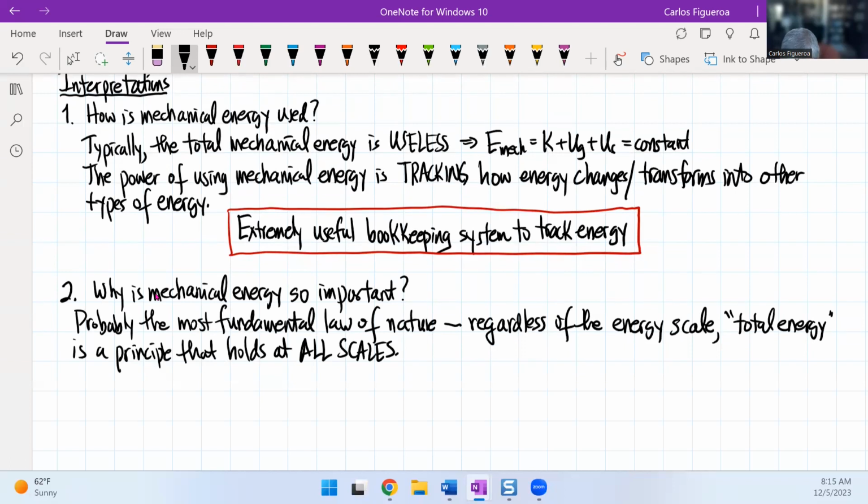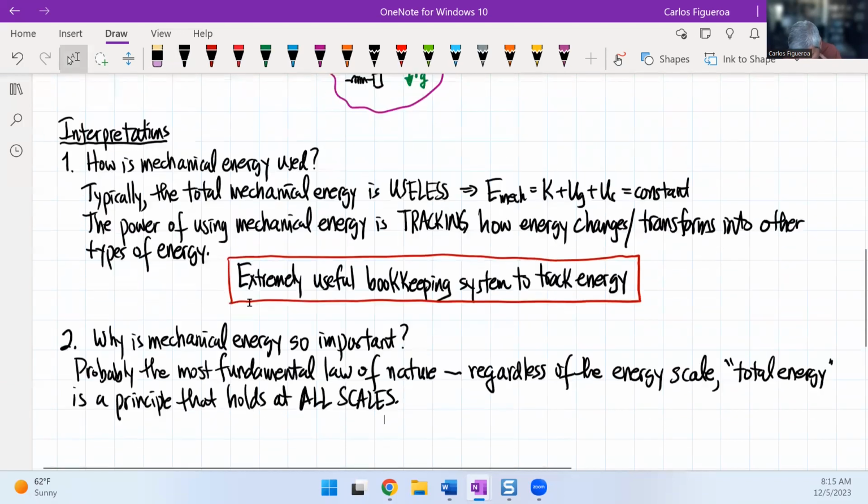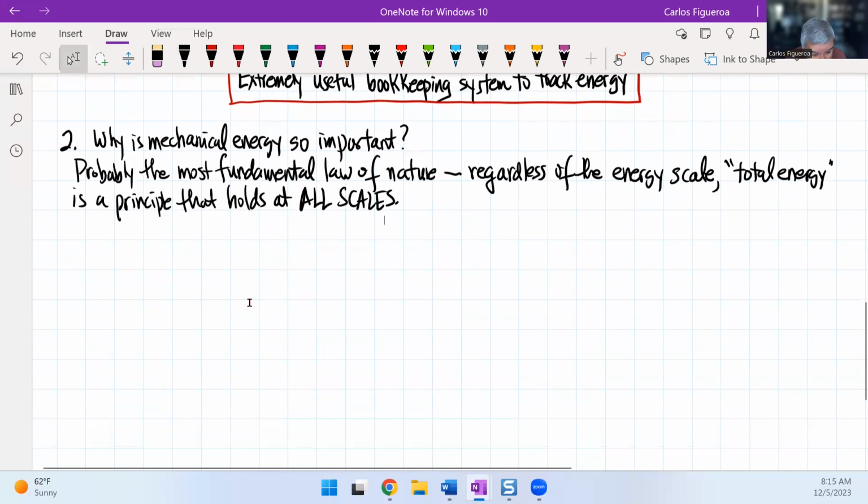So that's a really important thing. Even though there's a new law that may come up in physics or in science, conservation of total energy always holds at all scales, no matter what.